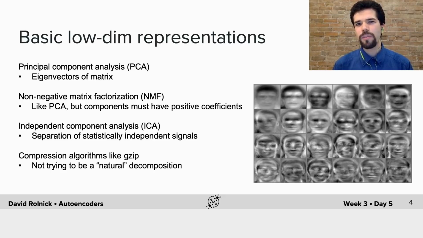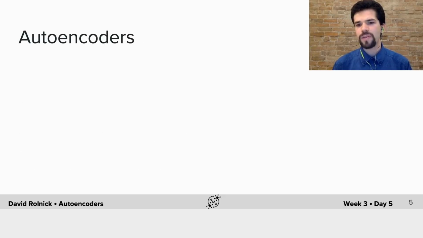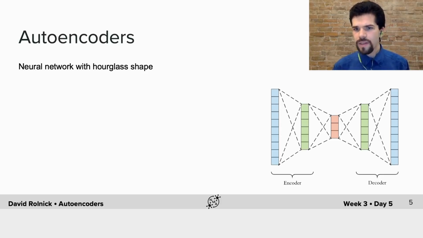Now let's turn to some more sophisticated, perhaps, methods of coming up with low-dimensional representations using deep learning. Autoencoders. In its basic form, an autoencoder is very simple. It's a neural network with an hourglass shape. It looks a bit like this, and you can dissect it into three components: the encoder, the bottleneck layer, and the decoder.